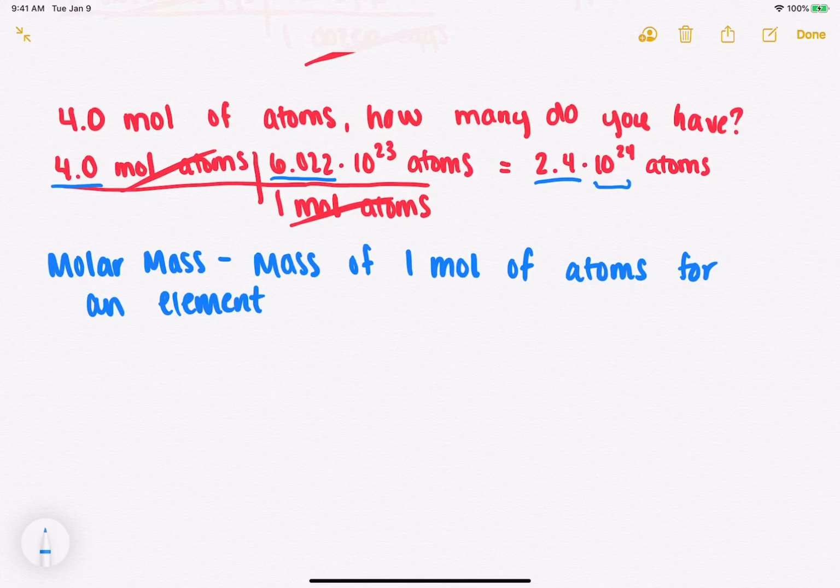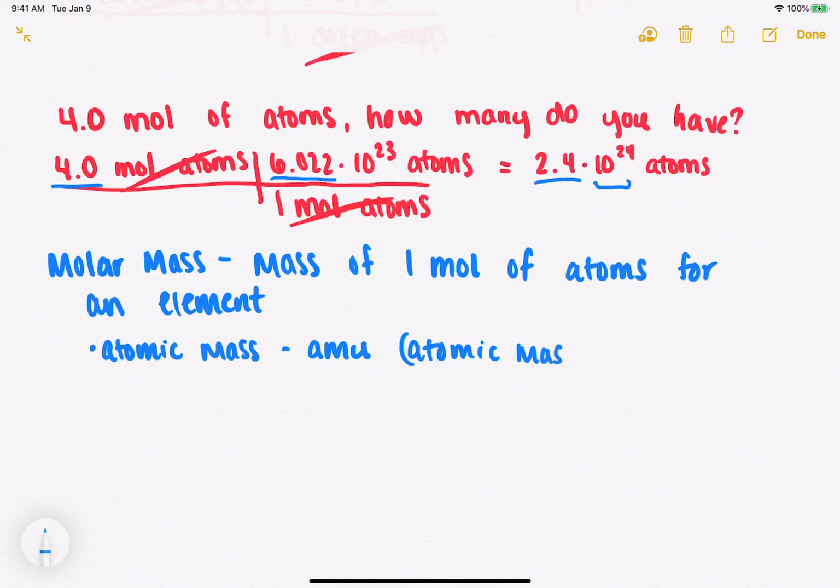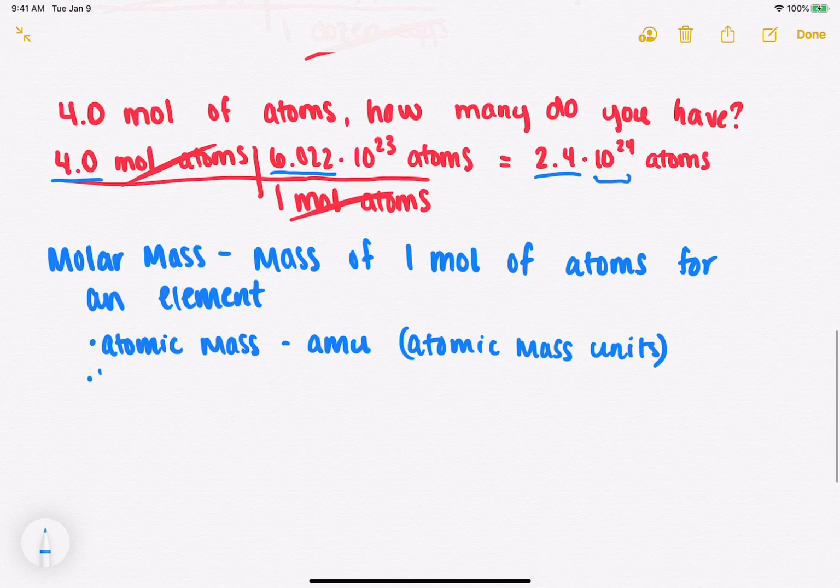So remember, for atomic mass, we used AMU, which were atomic mass units. For molar mass, we use grams per mole.